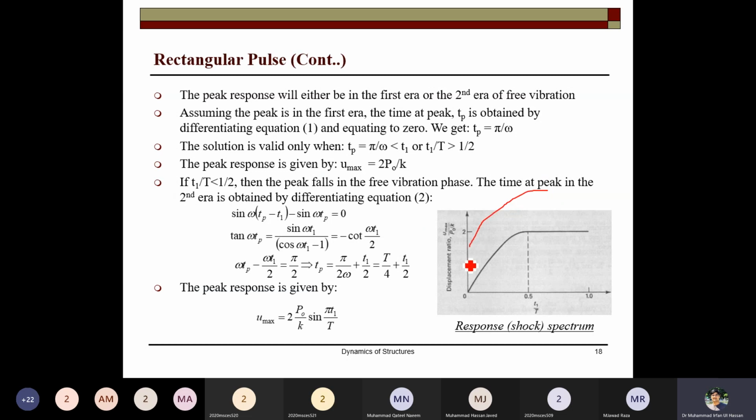This is shown here, how you will get the outcome of the response and what will be the peak response. In this case, the peak response is given by taking the derivative and putting it equal to 0. Then you can compute the peak response for this system.